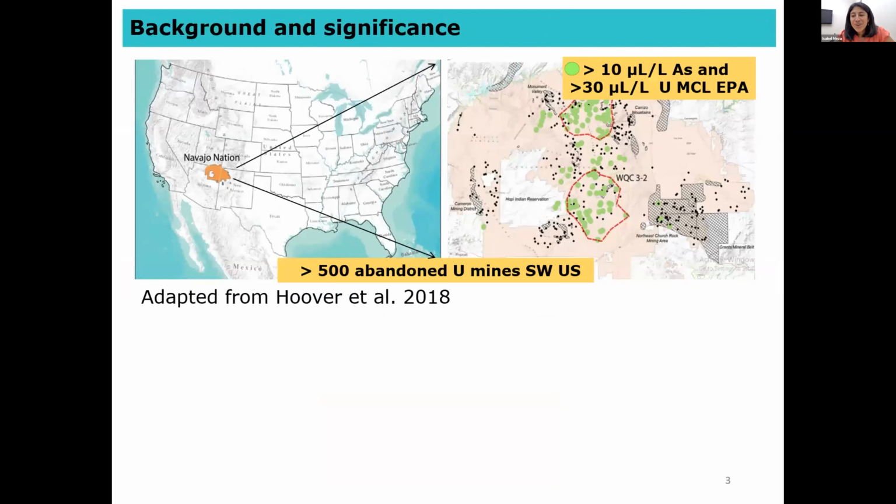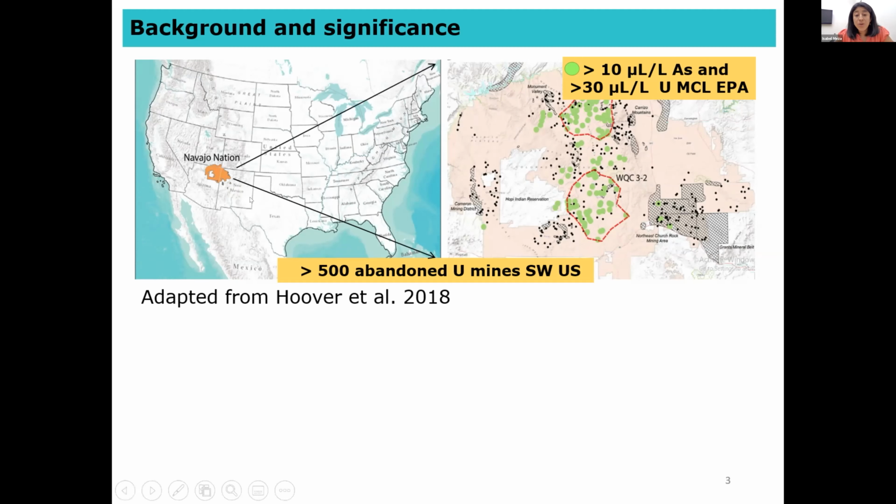Now, going to the science specifically, first of all, if you see the map to the left, we have the US map, specifically talking about Navajo Nation, because in this area, in our research group, we have found very high concentrations of uranium and arsenic that exceed the maximum contaminant levels that the EPA allows.